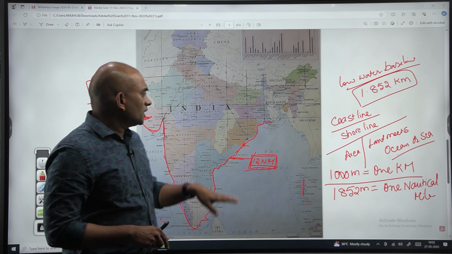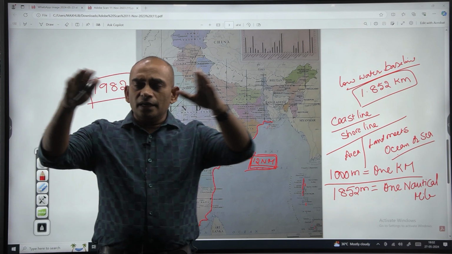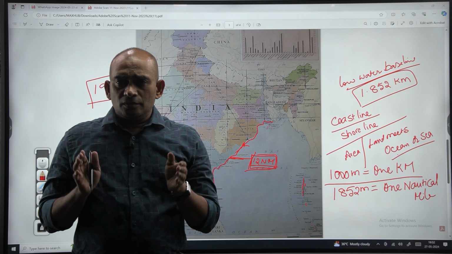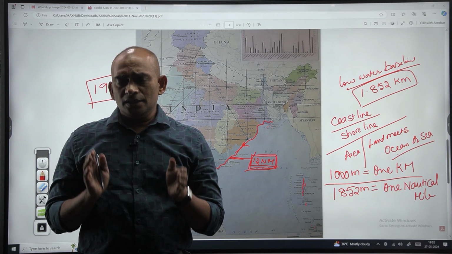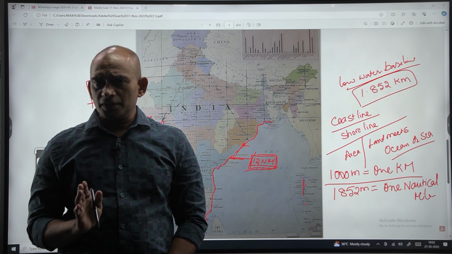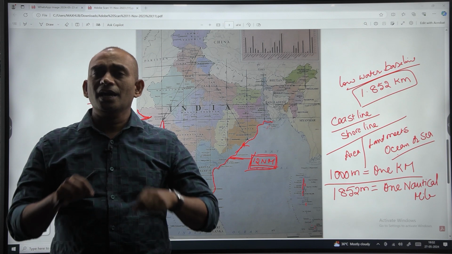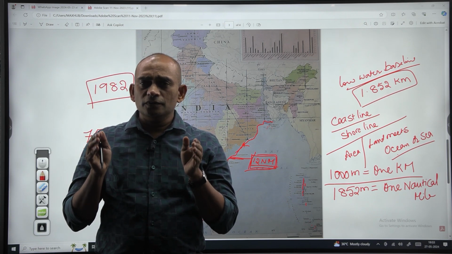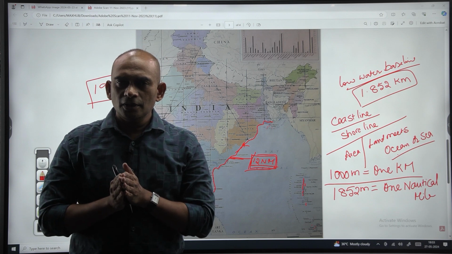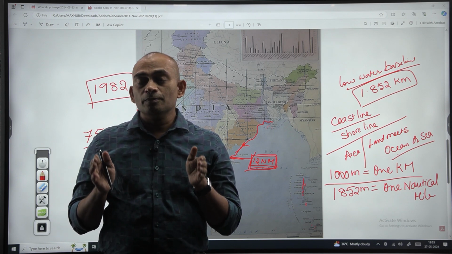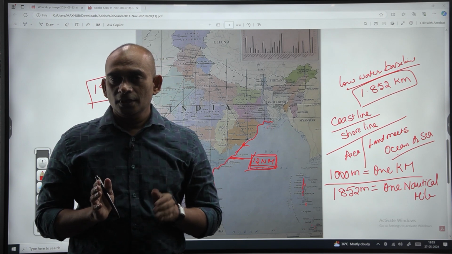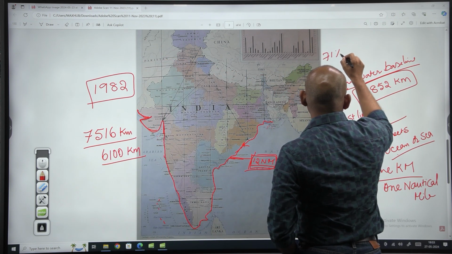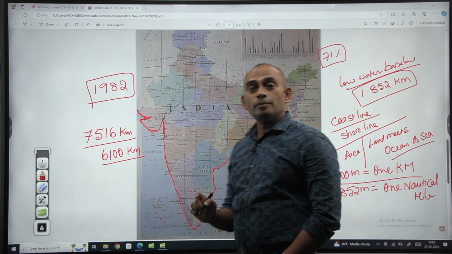If you take the entire earth, land area is just 21%. If you consider the earth as 100%, how much water is present on the earth? Almost 71% of our earth is covered by water.